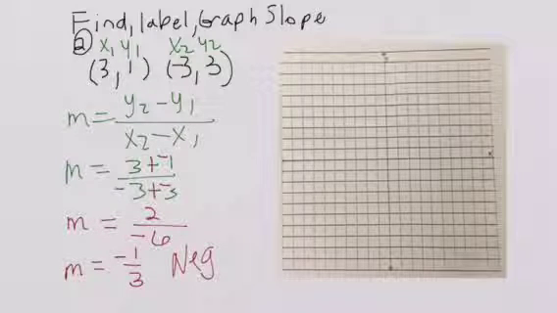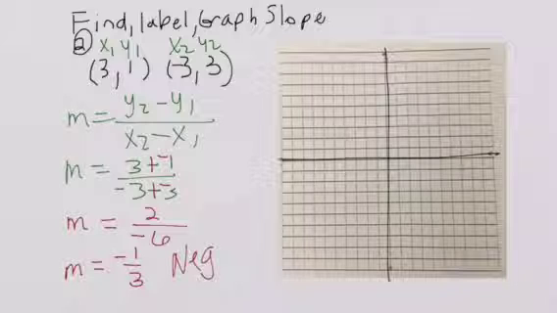We're going to go ahead and graph. We're going to go to our first ordered pair, which is 3, 1. We're going to go to our second ordered pair, which is negative 3, 3. We're going to start with our ordered pair furthest to the left, and we're going to do our slope.